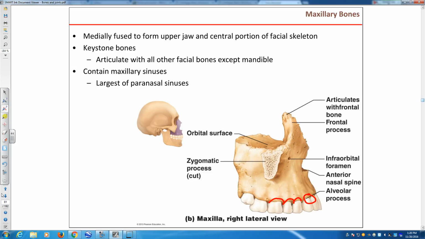Inside of the maxilla, you're going to find maxillary sinuses. When you have a runny nose, a really congested nose, pressure on these points causes pretty severe pain because the pressure in your sinuses becomes lower.